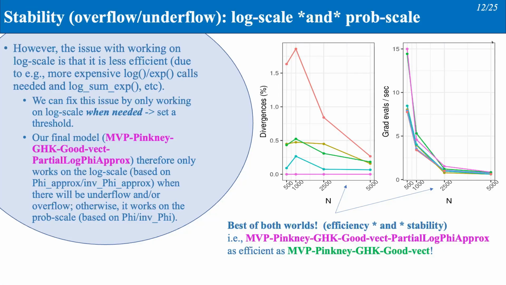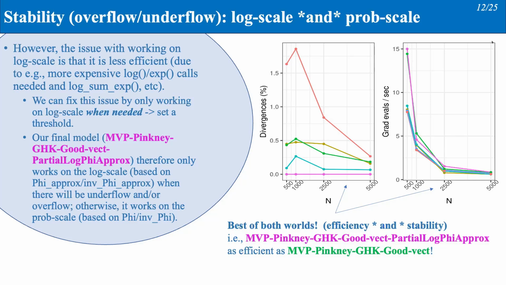So what you can do is work on both log scale and probability scale. Before, I introduced the GHK parameterization, so you've got the latent variable capital Z, then you've got the lowercase z, which is the standard normal, but truncated. That has a bound, and you can put whatever boundary you want. So I use plus and minus 5.